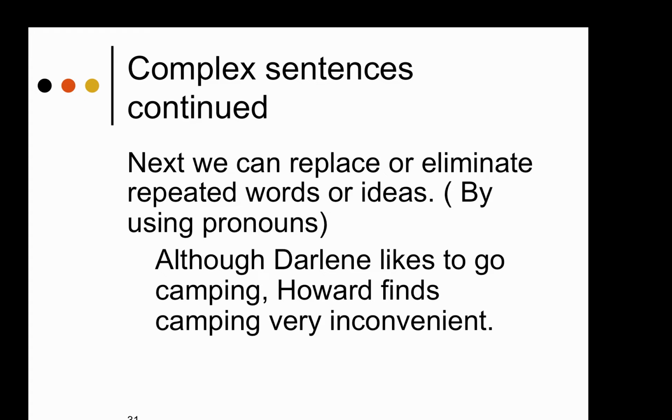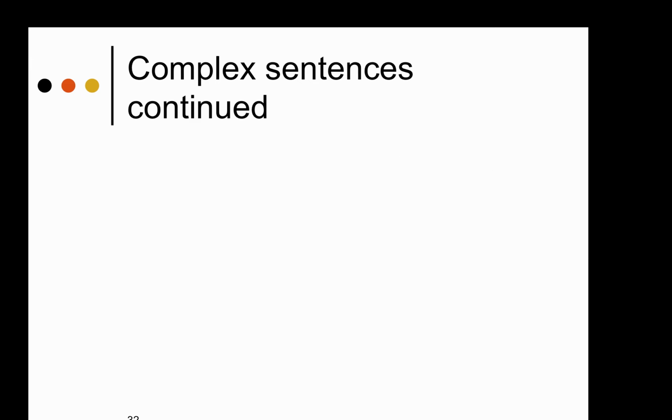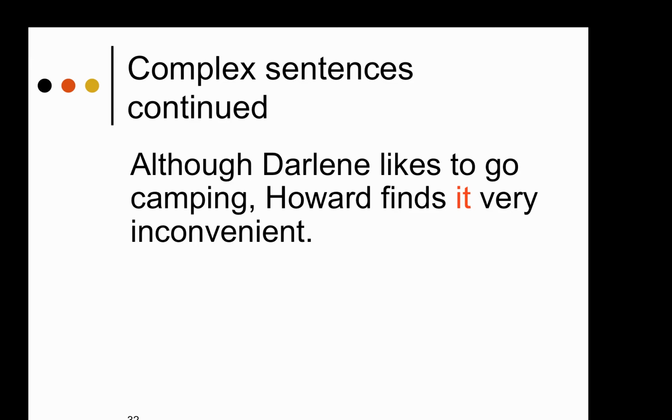Next, we can replace or eliminate repeated words or ideas by using pronouns. So we look back at our sentence here. Although Darlene likes to go camping, Howard finds camping very inconvenient. And we can eliminate camping, as we did before, and replace it with a pronoun.